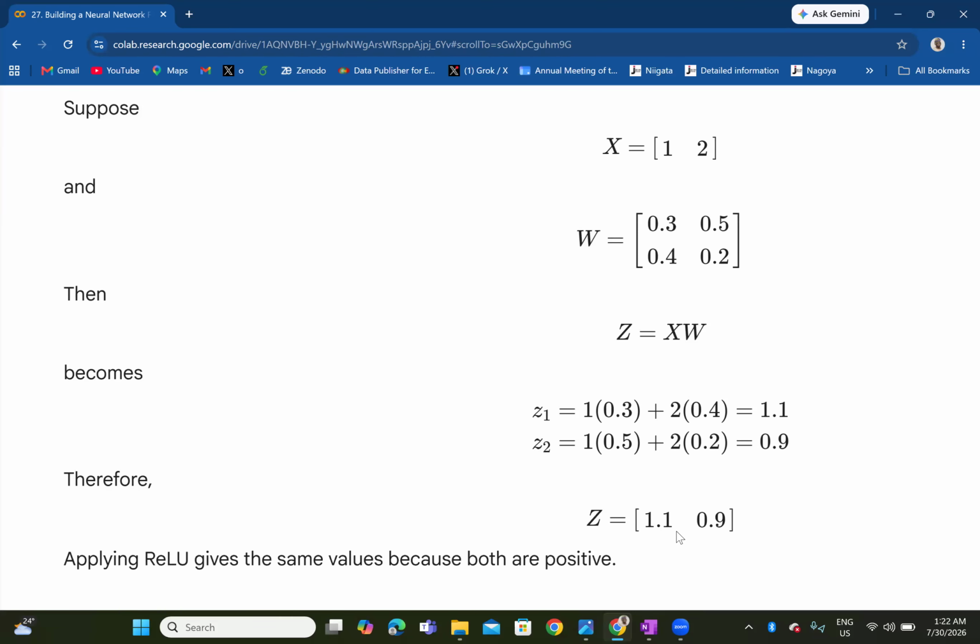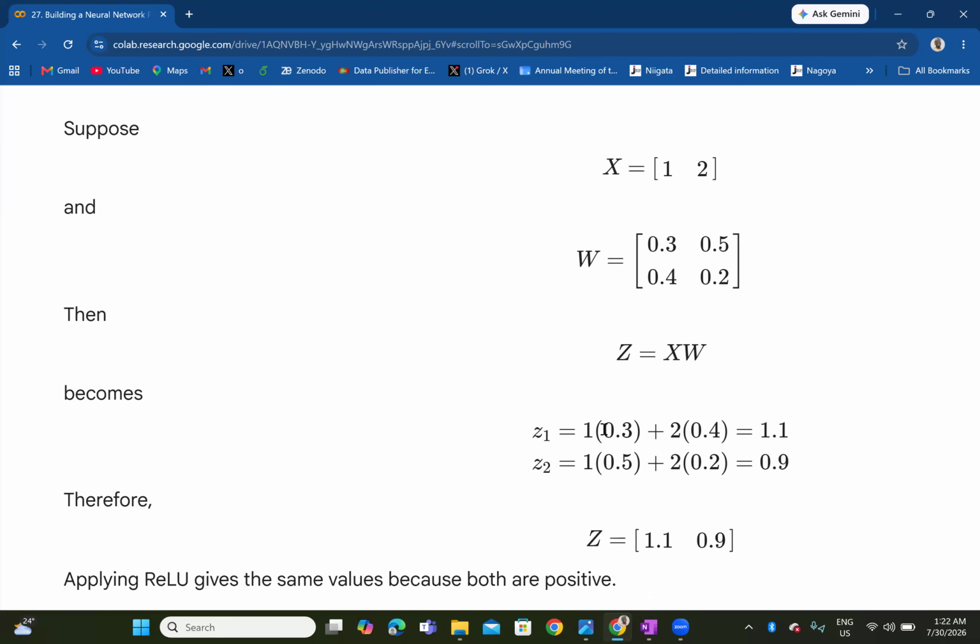So Z1 is 1.1. And then for Z2, you have 1 times 0.5 plus 2 times 0.2, and you get 0.9 there. So Z is now [1.1, 0.9]. So you know it's XW, right? You have [1, 2] times the matrix with rows 0.3, 0.4 and 0.5, 0.2, and you get Z to be [1.1, 0.9].